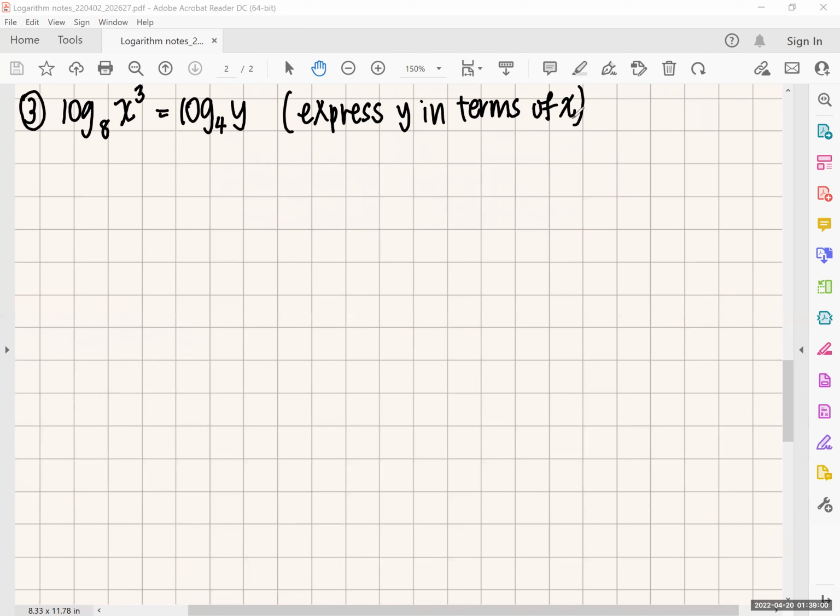So over here, there are a few bases you can choose. You can choose a base of 8, a base of 4, because here is 8 and here is 4. All right. But we have some problems right here, because whether I change to the base of 8 or 4, it's not really going to help me much.